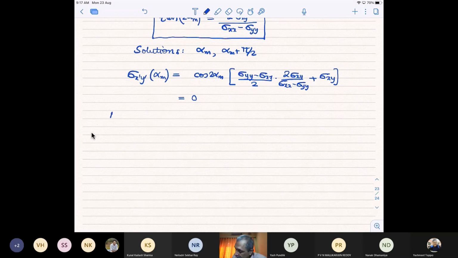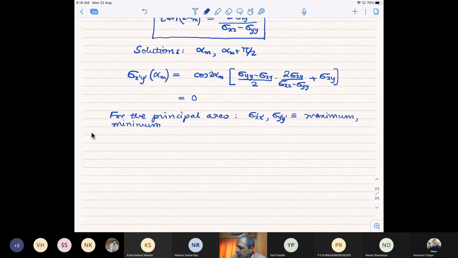For the principal axes, these are the coordinate axes x prime and y prime, you have sigma x prime maximum, minimum, and sigma x prime y prime is equal to 0.